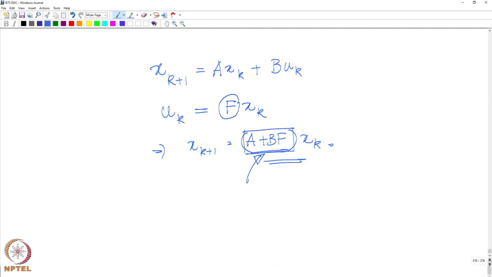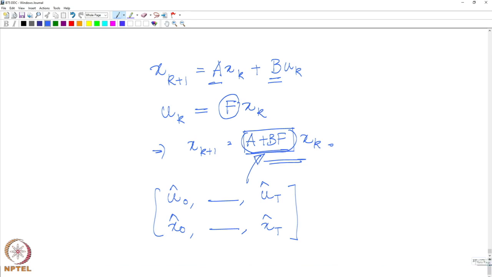But for data driven control we do not have information about this A and B, rather we have information about these: u_0 hat up to u_T hat, and x_0 hat up to x_T hat.